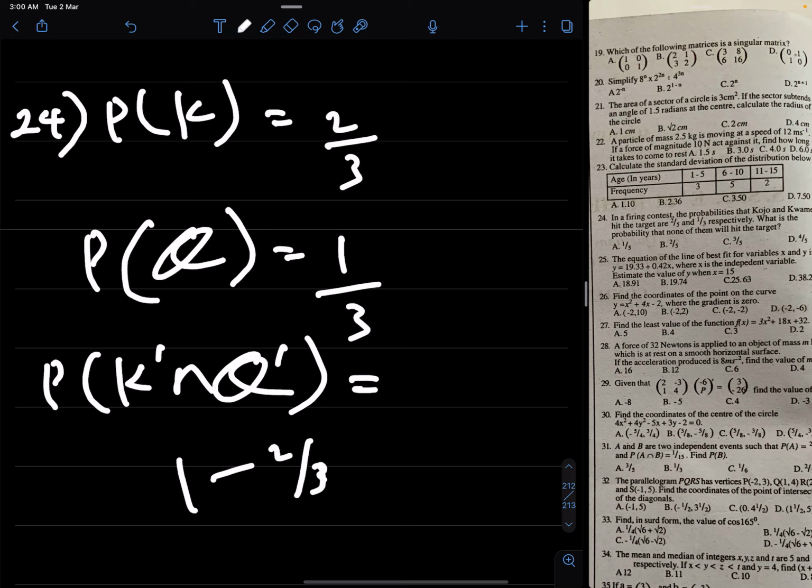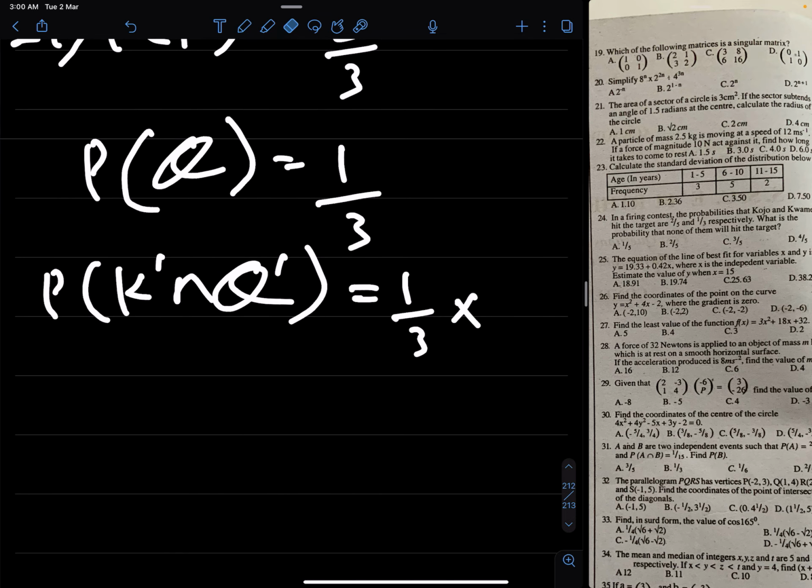So 1 minus 2/3, which is 1/3, times the probability that Kwame doesn't hit it, 1 minus 1/3, which is 2/3. So the answer is 1/3 times 2/3, and that's 2/9. Is that correct?